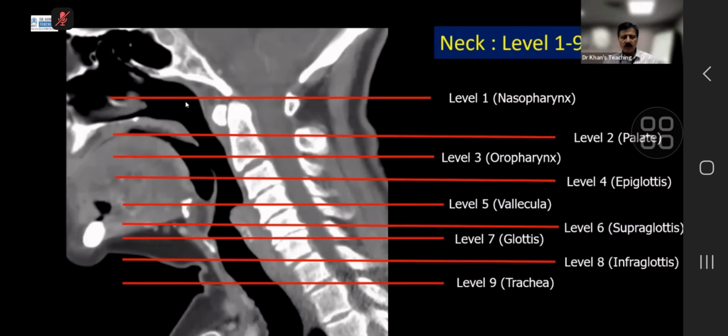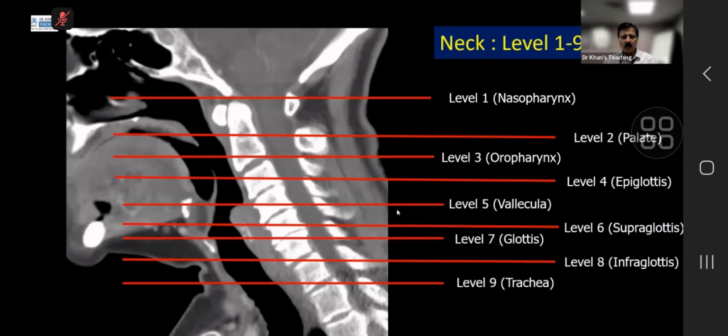So these are the levels which I call levels. Level 1 is nasopharynx. We are passing through the nasopharynx. Level 2 is palate, and it all depends on your patient. It might be a bit drooping here and you might get slightly different from what you learn here. Then what I call the oropharyngeal level, where we are passing through the tongue. Then the level of epiglottis, where posteriorly the epiglottis will be visible.